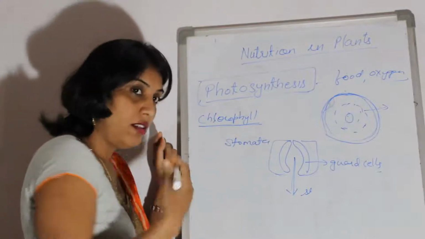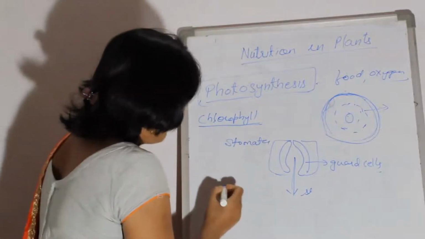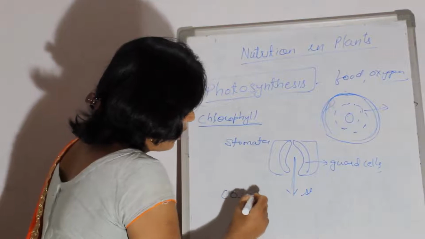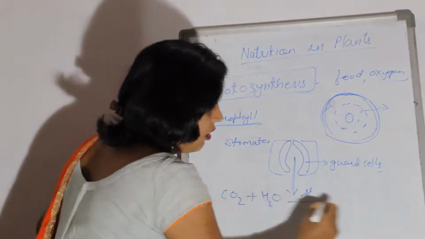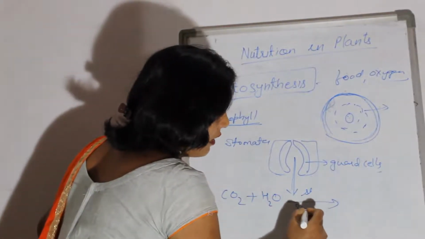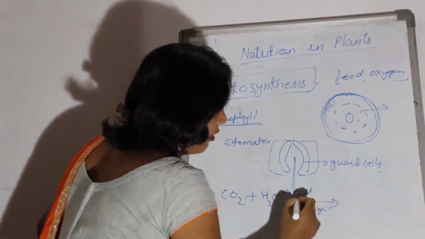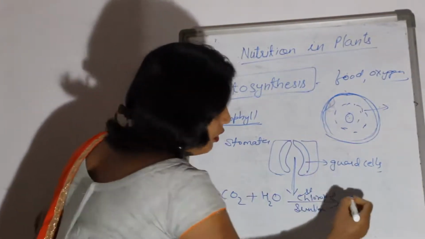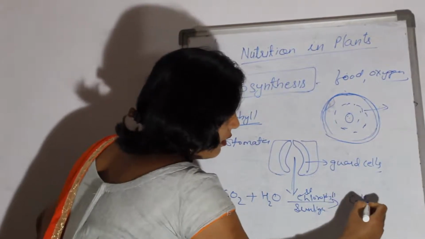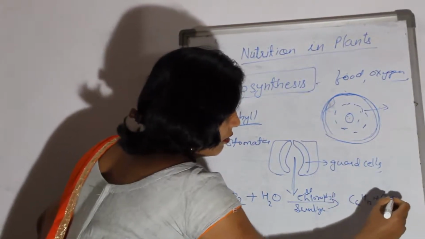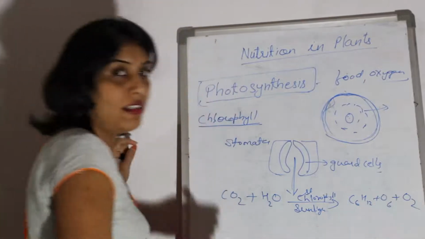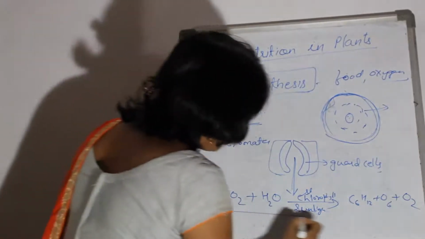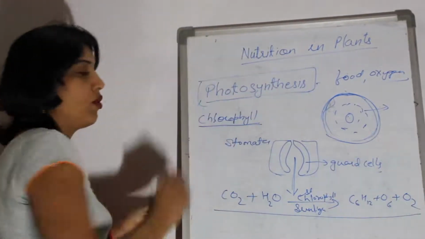I can write it in an equation: carbon dioxide plus water, in the presence of sunlight and chlorophyll of leaves, prepare food, that is carbohydrate, plus oxygen gas is released. So this is the common equation of photosynthesis.